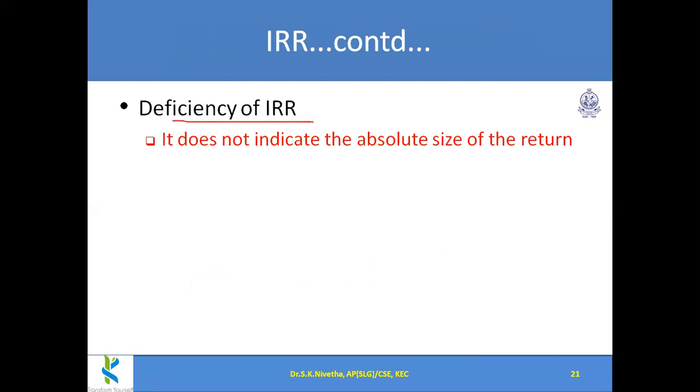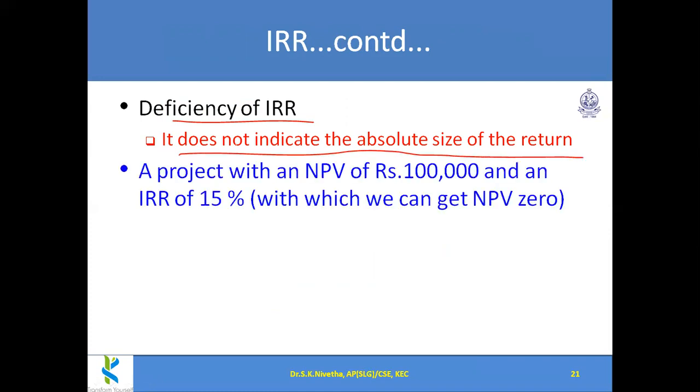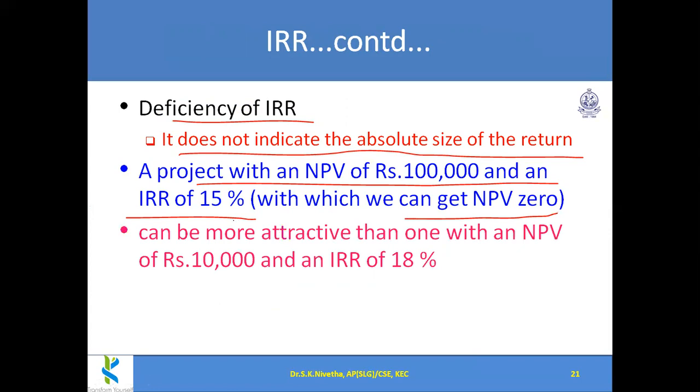So the downside of IRR is it does not indicate the absolute size of the return, only the percentage. Okay, so a project with an NPV of 1 lakh and an IRR of 15%, for which we are getting NPV equal to 0, can be more attractive than one with NPV of 10,000 and IRR of 18%.